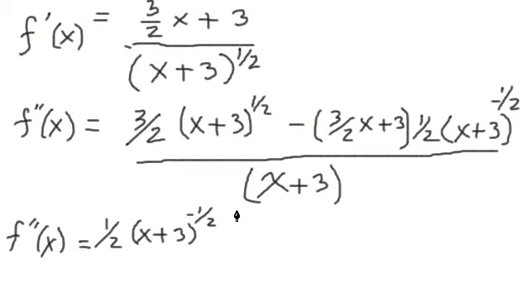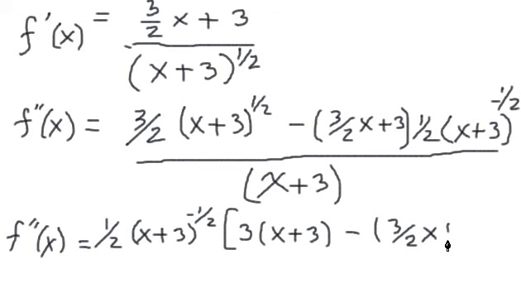And where are we at here? Okay, I'm going to start a bracket here instead of a parentheses. So we're going to have a 3 times x plus 3 and a minus 3 halves x plus 3. And of course I pulled this half out, and this x plus 3 raised to the negative half, I pulled that out also.